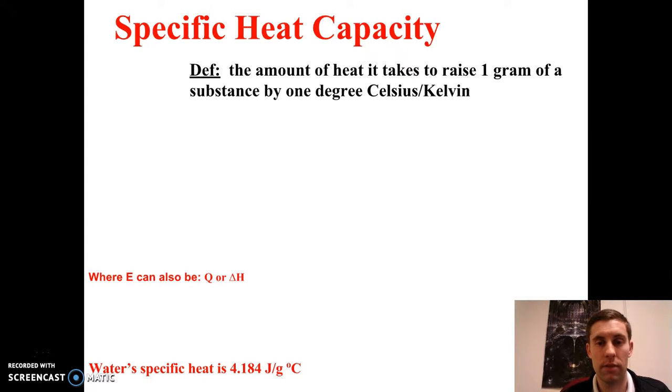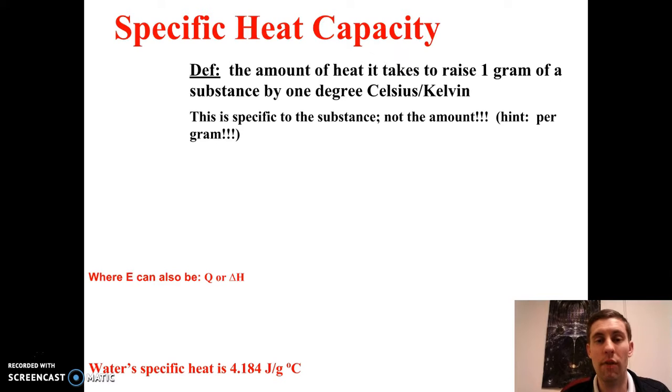1 degree Celsius. So every substance has its own set thing, kind of like density. Iron has a set density, never changes. So does aluminum or glass or water or gold. They all have a set density. They also have a set specific heat capacity. How much heat is required to raise up a set amount of substance 1 degree Celsius.